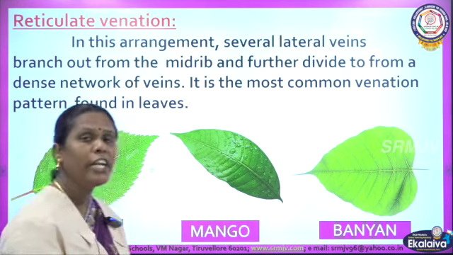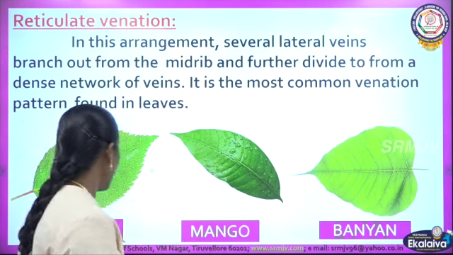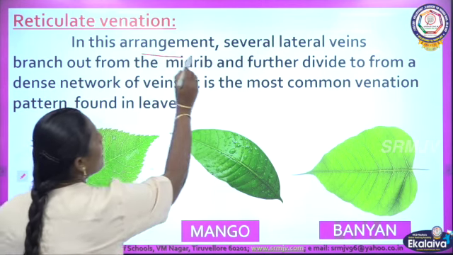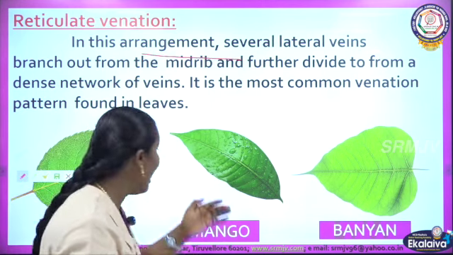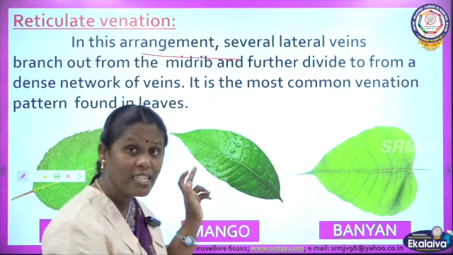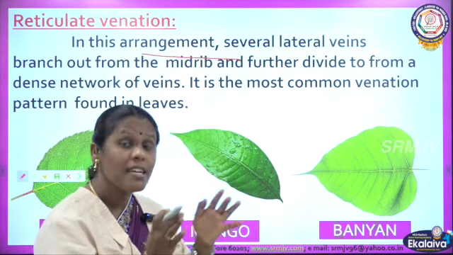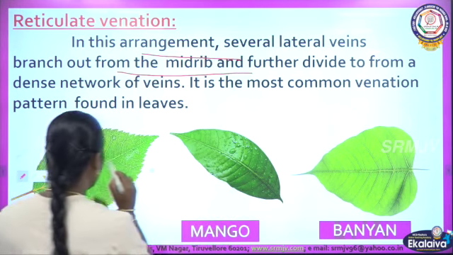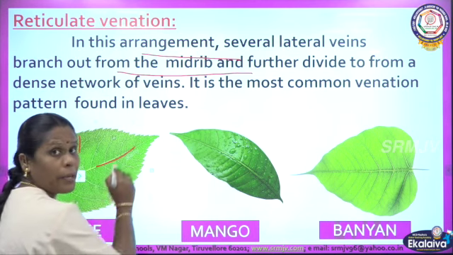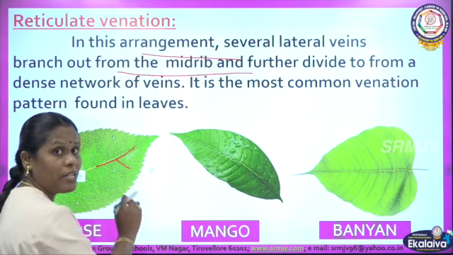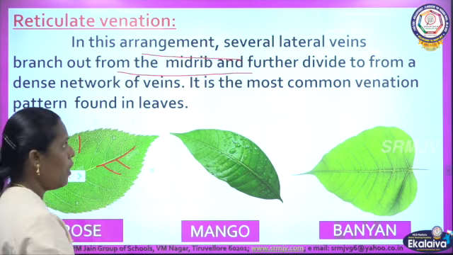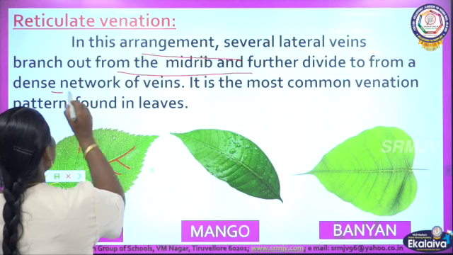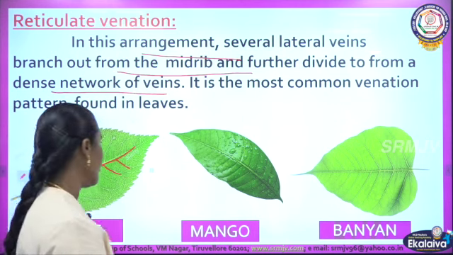First one, reticulate venation. See here, in this arrangement, several lateral veins, the lateral veins which I already said are on the side, branch out from the midrib. This is a midrib and this is a lateral vein. They further divide to form a dense network of veins.